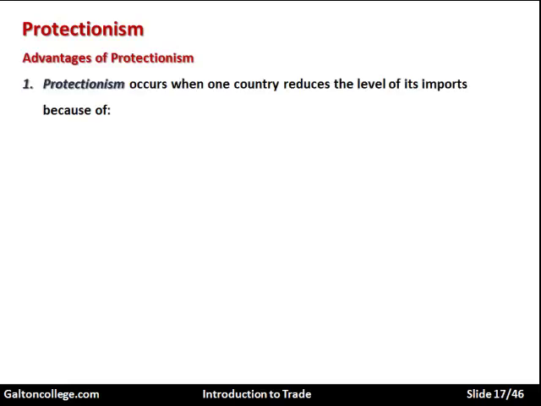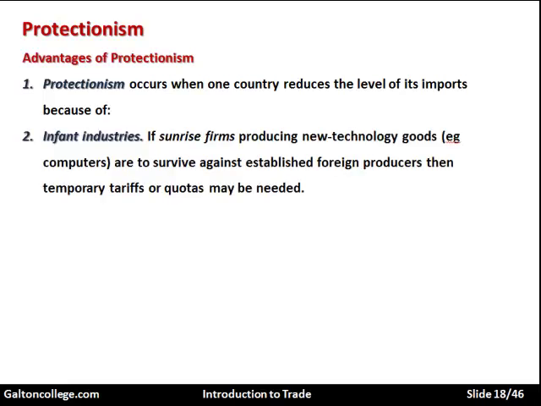First of all, let's look at the so-called advantages of protectionism. It occurs when one country reduces the level of its imports because of so-called infant industries.